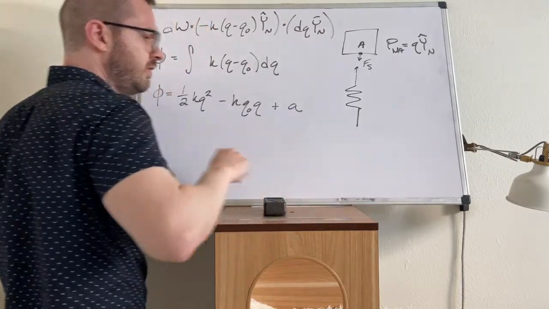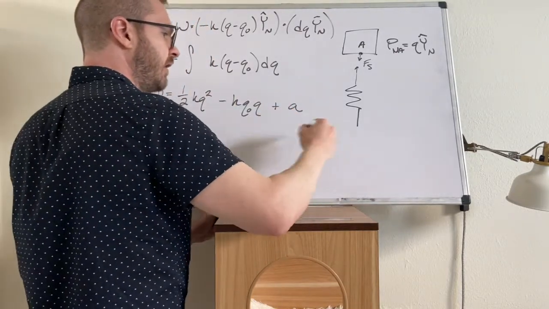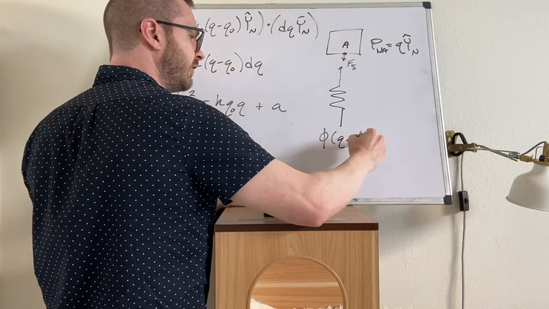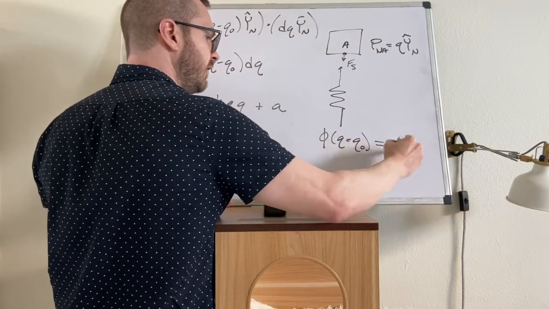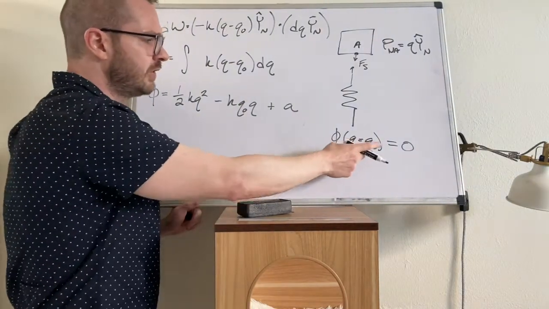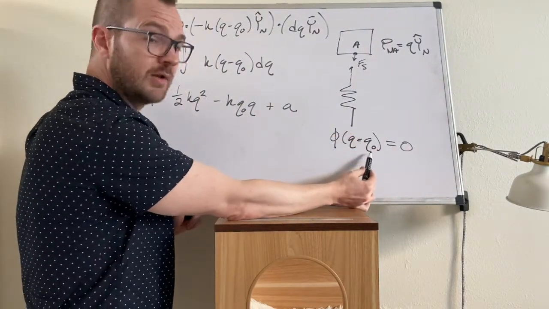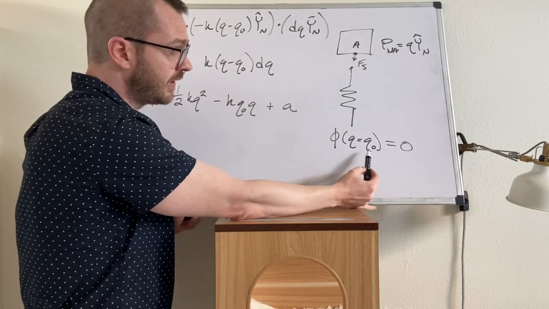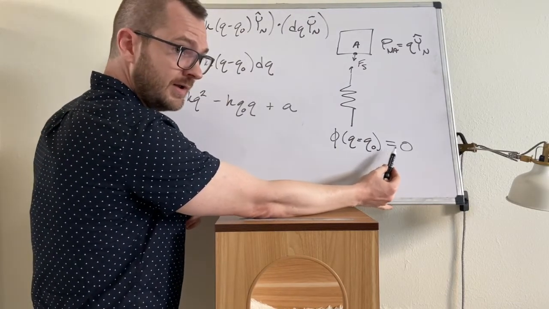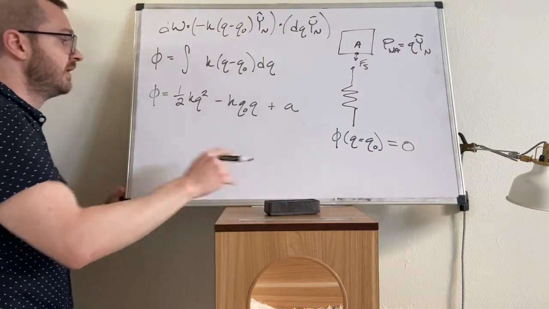So now, if you take our potential expression and we set q equal to q naught, that is now equal to 0. So q equals q naught, again, q naught is the unloaded length. So if your q variable equals the unloaded length, that means it's unloaded and it's storing no energy.